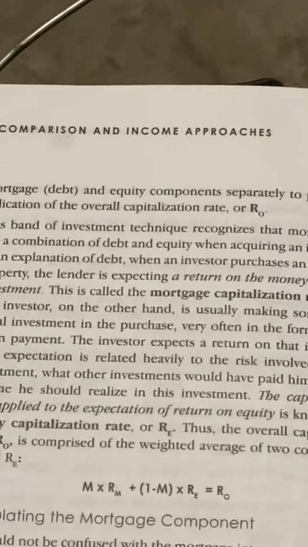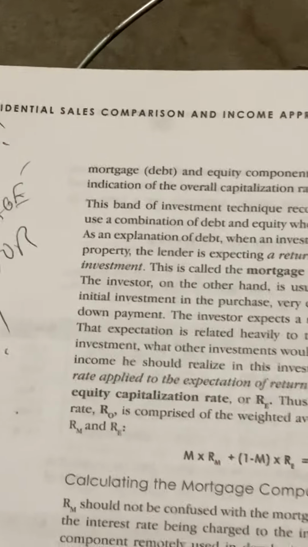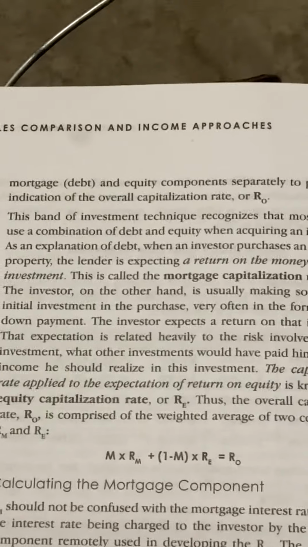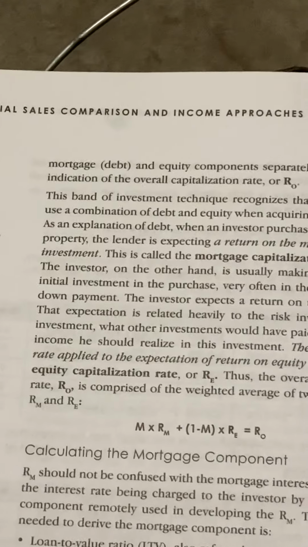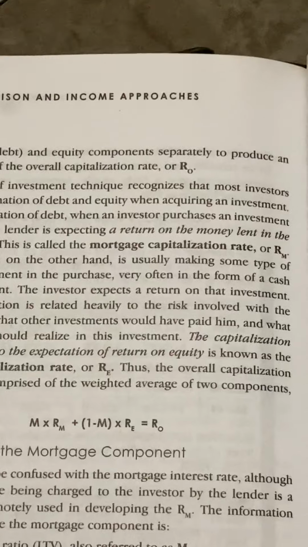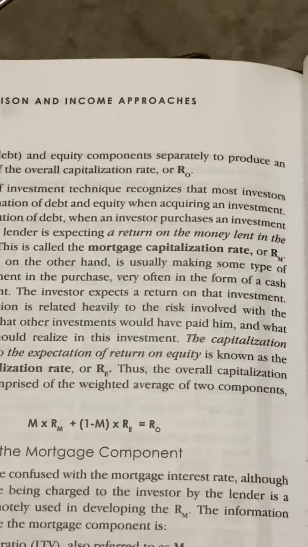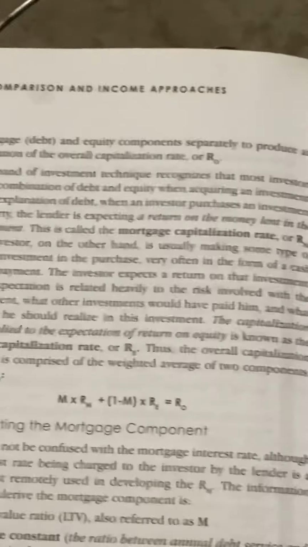Residential sales comparison and income approaches, page 194. Mortgage debt and equity components separately to produce an indication of the overall capitalization rate, or the symbol is a capital R with a little zero or an O that's like going through the line underneath it, halfway through the line.